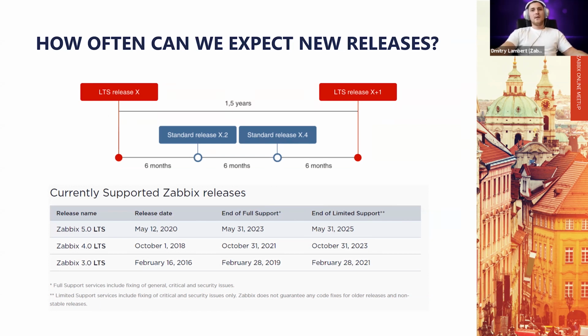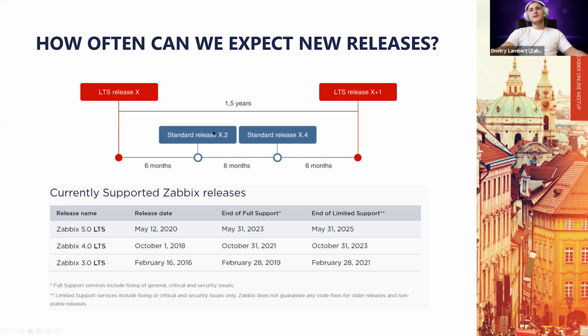Again, this is nothing new. This is a picture from the official Zabbix webpage, which has been there for a long while. But if we have somebody watching this meetup who has not been with Zabbix for a very long time, you might actually be surprised, because very often over all the years we have meetups and conferences similar to this, and always we talk about the new great features that are going to be released in the upcoming release.